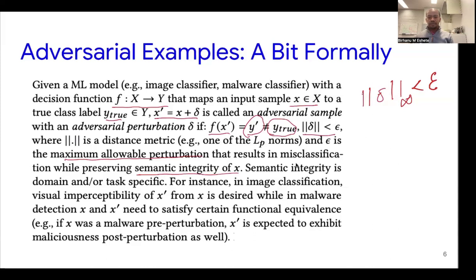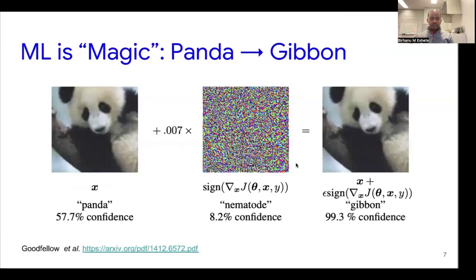If the behavior is broken in the process of adversarial perturbation, then it's not really useful. I hope that gives you a broader view of how this can be formalized for adversarial examples.